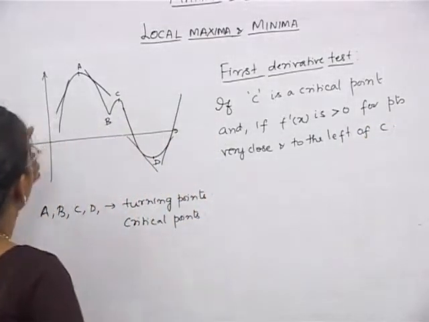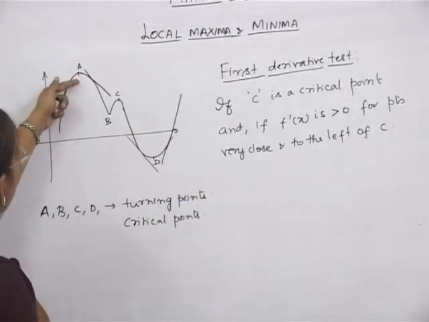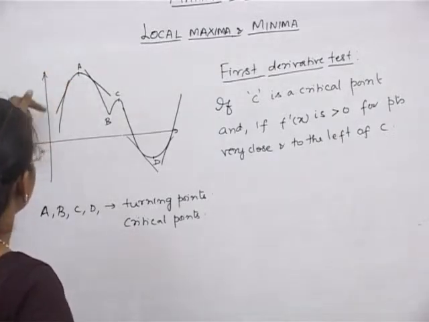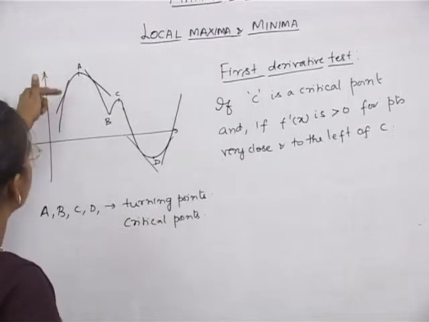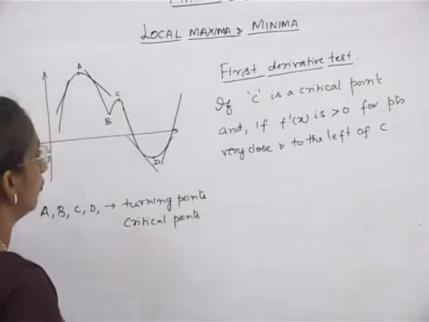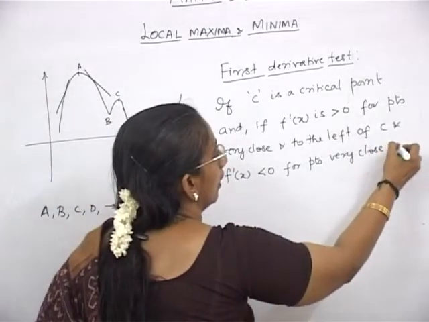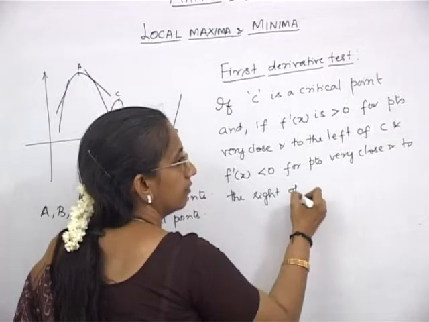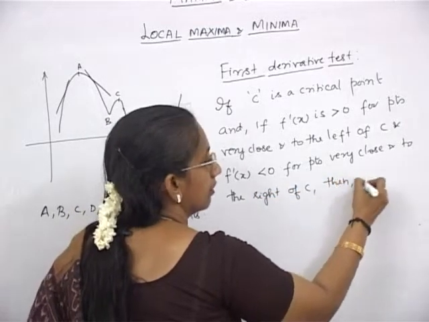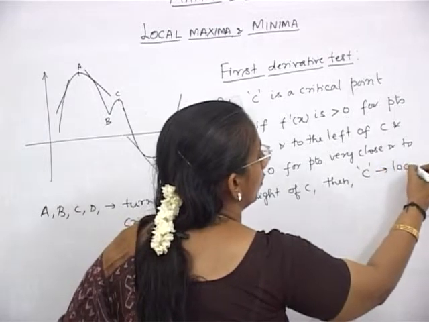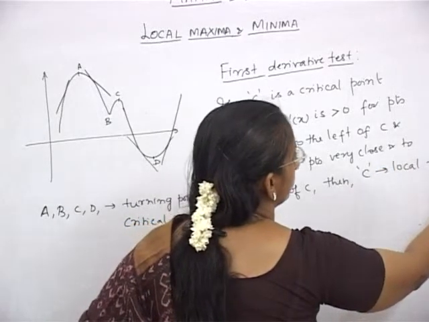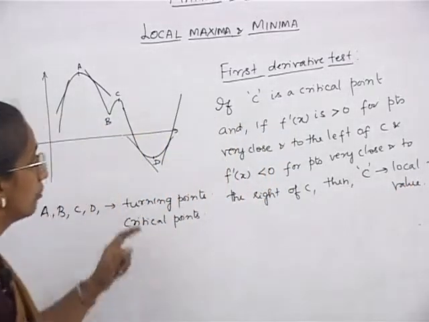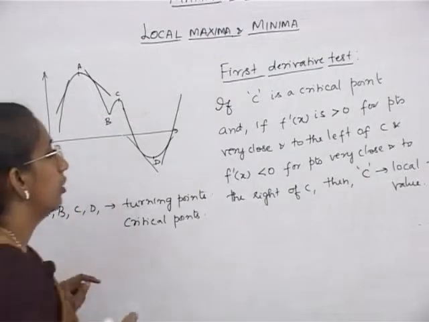Say for example, consider this point A: f dash of x, which is nothing but the slope of the tangent, is going to be greater than 0 for the points to the left of A. So this is the first derivative test to find the local maximum value.